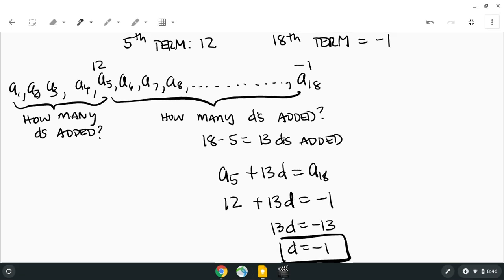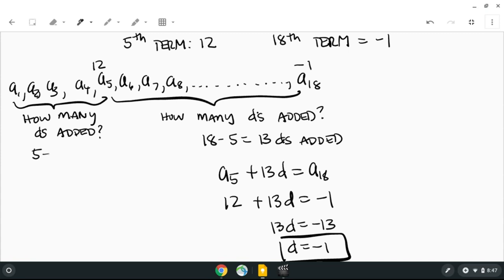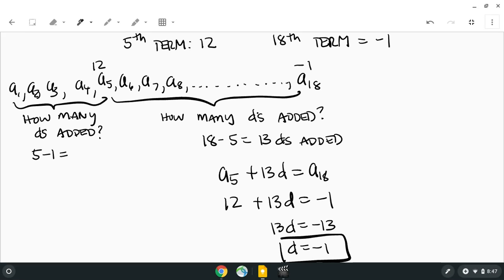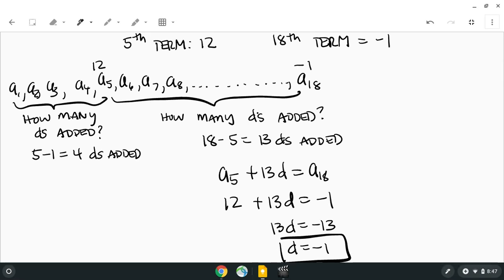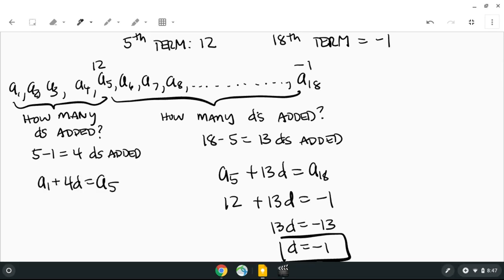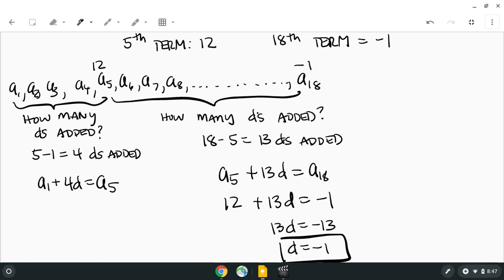From the fifth term to the first term, 5 minus 1 is 4, so 4 D's added. So A1 plus 4D gives me A5. A1, I don't know, plus 4D.